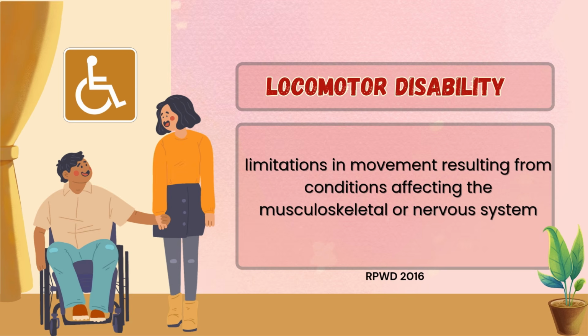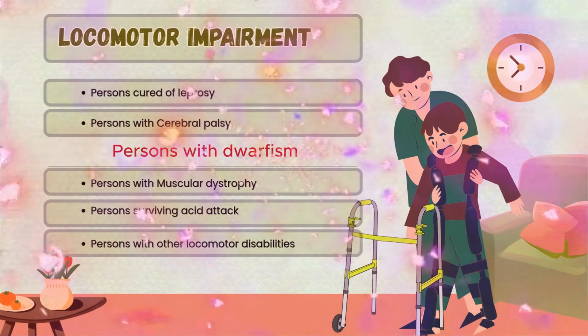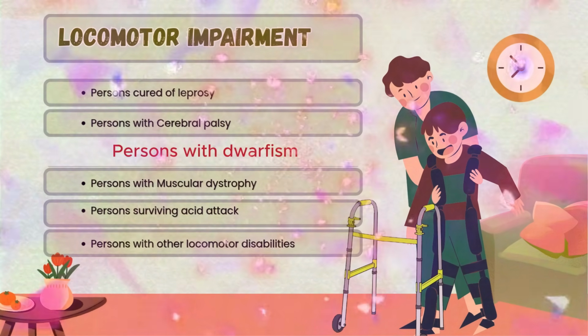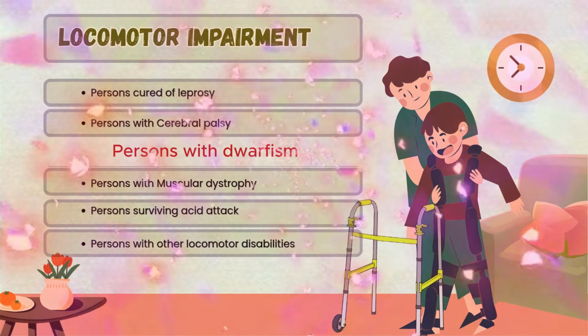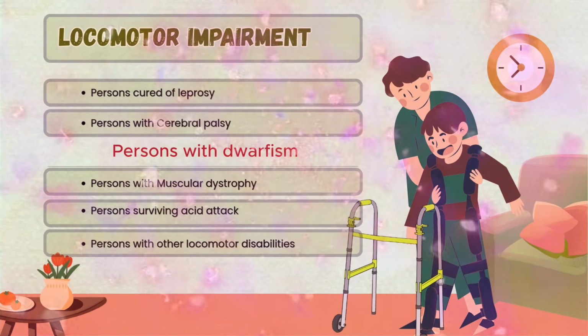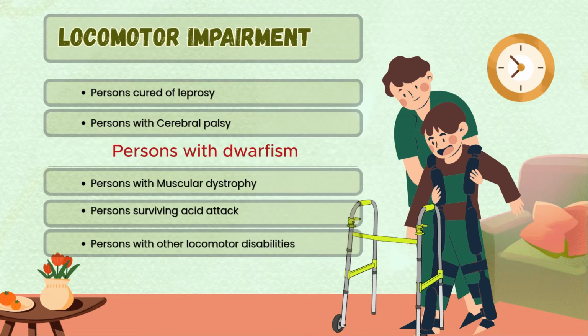It recognizes several conditions within this area, including persons cured of leprosy, persons with cerebral palsy, persons with dwarfism, persons with muscular dystrophy, persons surviving acid attack, and persons with other locomotor disabilities. However, learners within the same category may have very different functional needs.